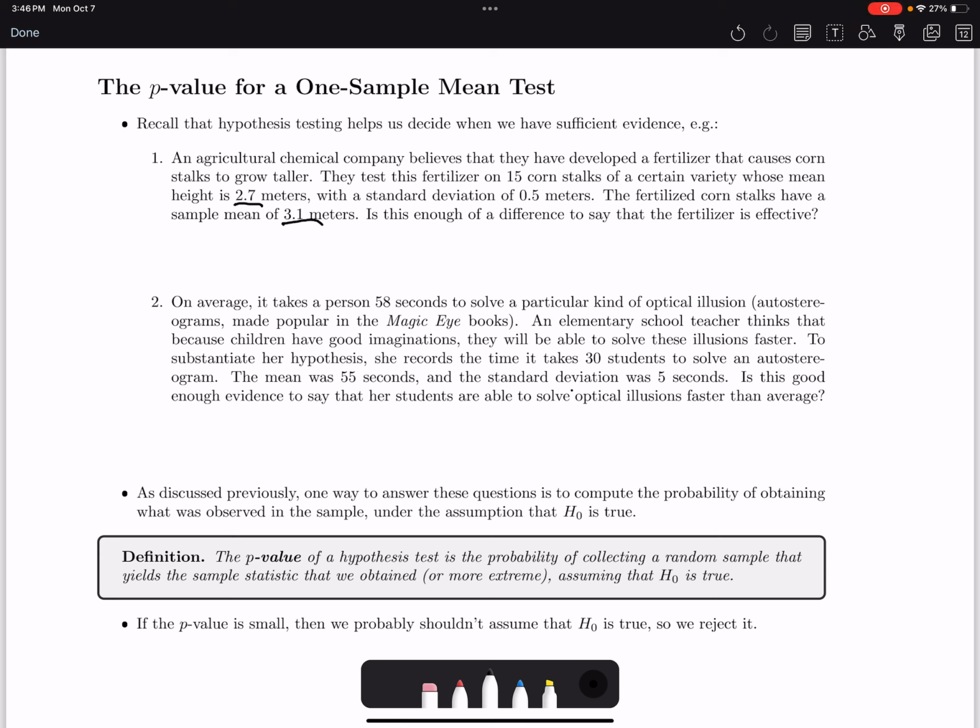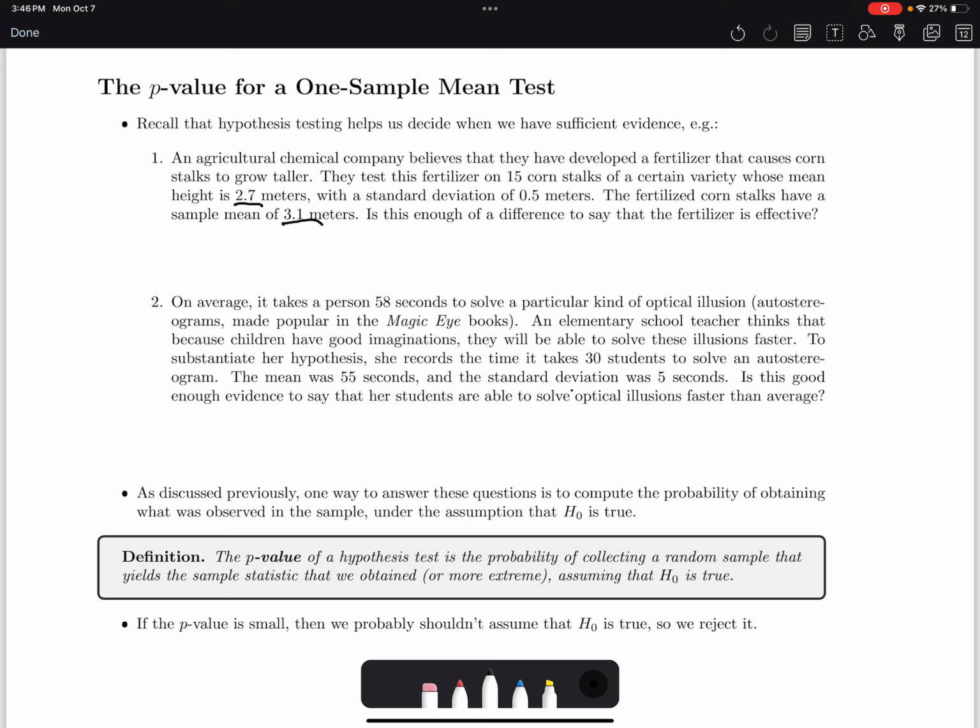The second scenario says, on average, it takes a person 58 seconds to solve a particular kind of optical illusion, autostereograms. I don't know if you've ever seen those Magic Eye books, but they were really popular when I was a kid. Anyway, an elementary school teacher thinks that because children have good imaginations, they will be able to solve these illusions faster.